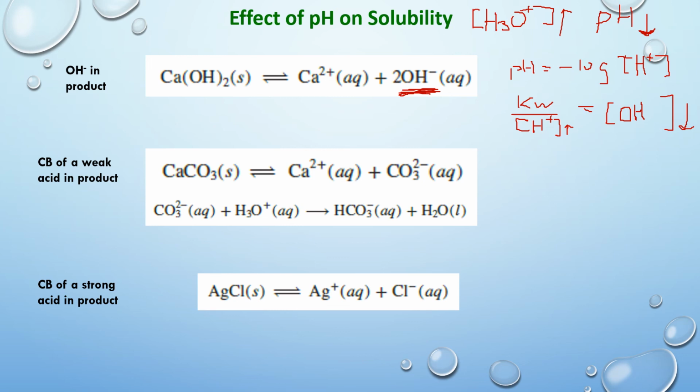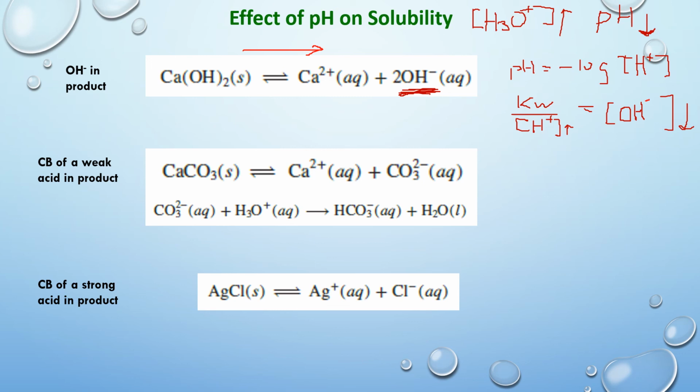When the hydroxide concentration decreases, that will shift the equilibrium to the right, meaning that more solid needs to be dissolved. So the net reaction points to the right, and because more solid is dissolved, the solubility will increase.